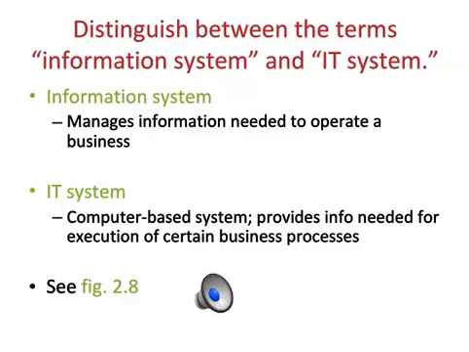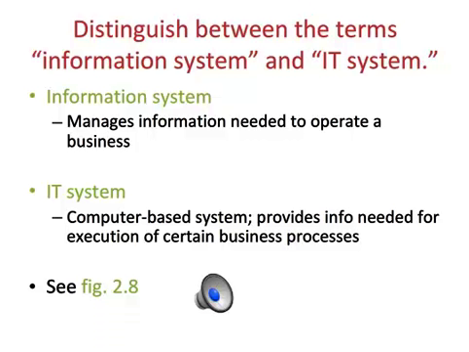There's a distinction between the terms information system and IT system. You may think this is splitting hairs, but let's just make that distinction now. An information system manages information needed to operate a business. An information system can be a completely manual system. It does not have to have any computerized technology in it. And so we look at the flow of information in an organization.